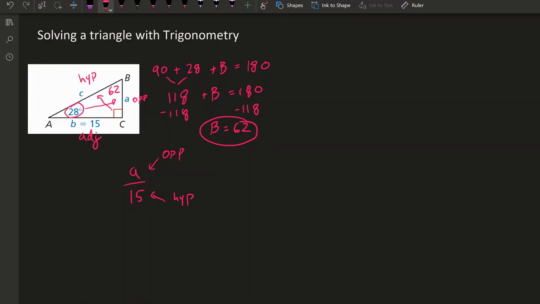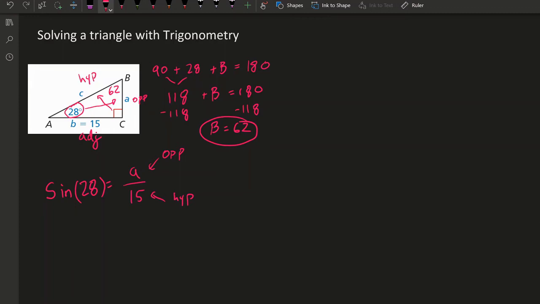So what ratio is opposite and hypotenuse? Well, if I look back at my reference sheet that I made, I would know that that is sine. So I would say the sine of 28 is equal to A over 15.